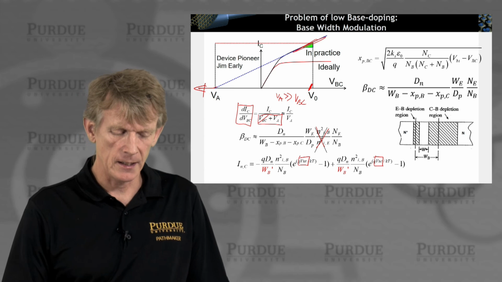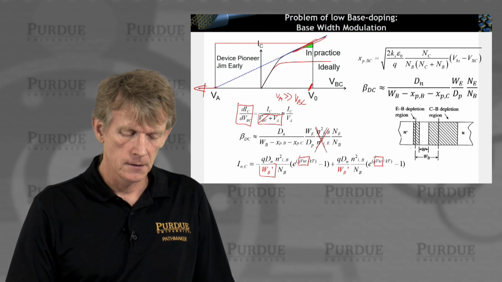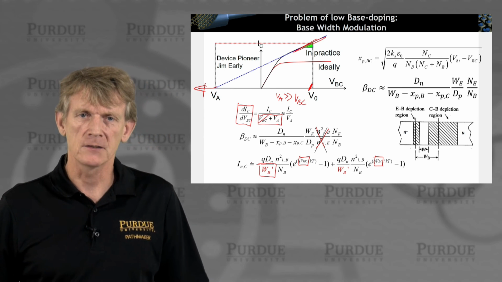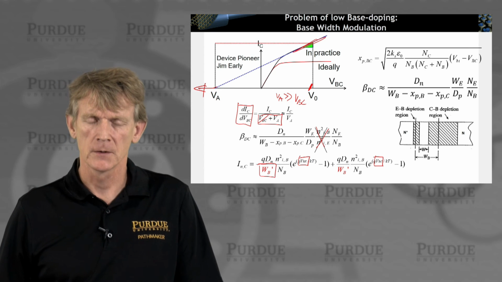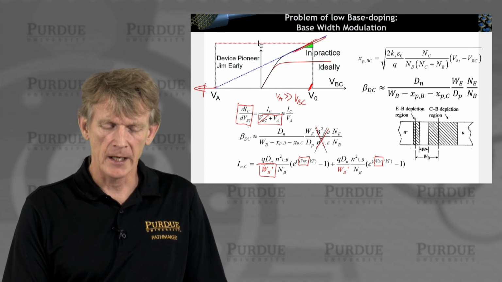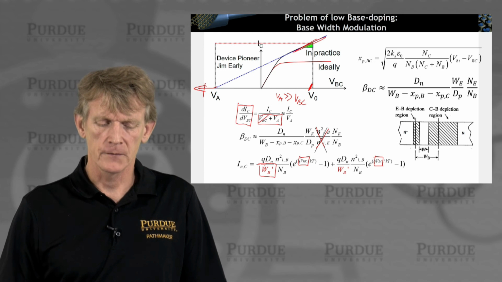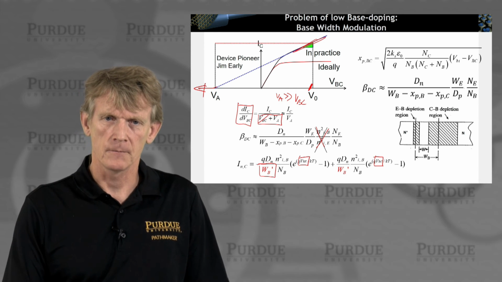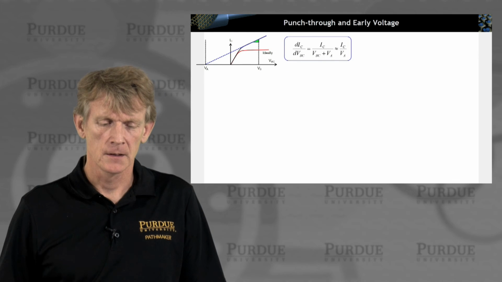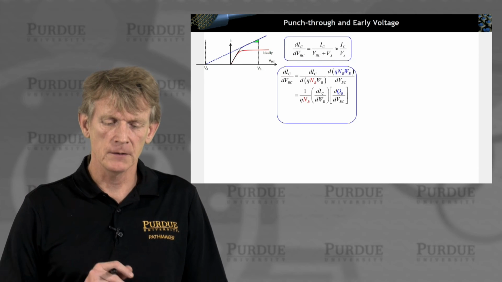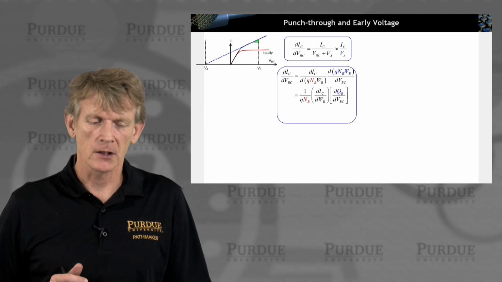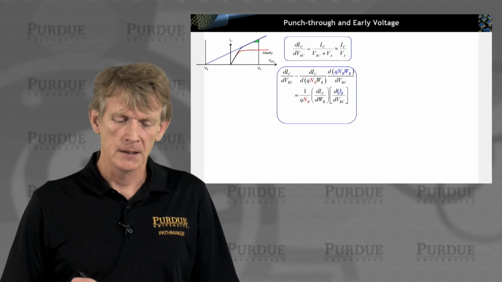Both of those have the electrical base width in it now. Okay, so we had these current expressions before, but now we're going to plug in the electrical base width. So let's carry this over and calculate again the slope here.